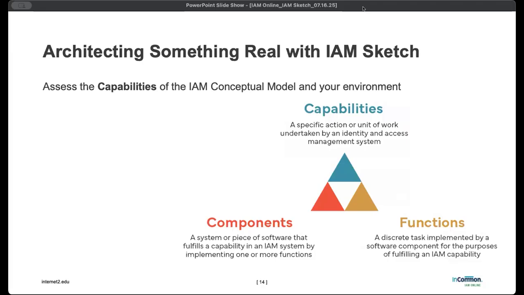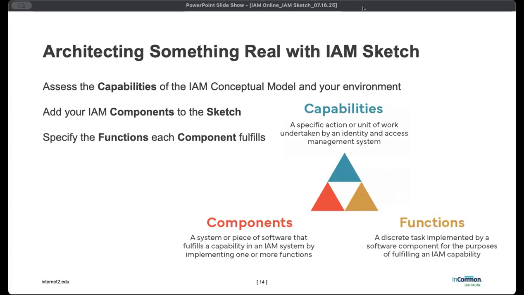So again, going back to using IAM Sketch, you need to assess the capabilities that exist in the conceptual model and think about your own environment: how you're leveraging those capabilities today, what components you have in there today. Then add your components into the sketch. Once you do that, you go in and specify the functions that each component fulfills.